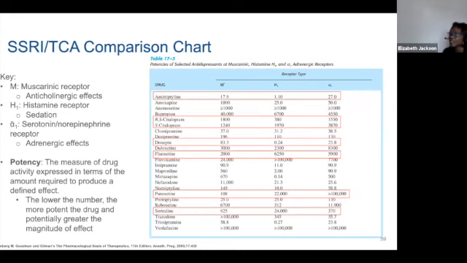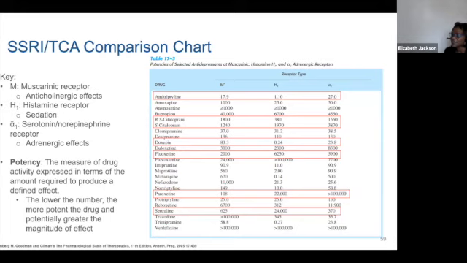So if you take doxepin and look at the M, or the muscarinic receptor, we have 83.3, and if you compare that with duloxetine, which is right below that, it is 3,000. So doxepin would have strong anticholinergic effects compared to duloxetine.